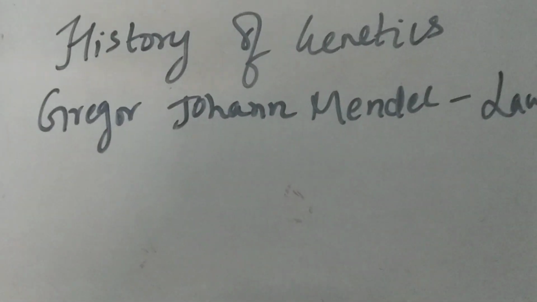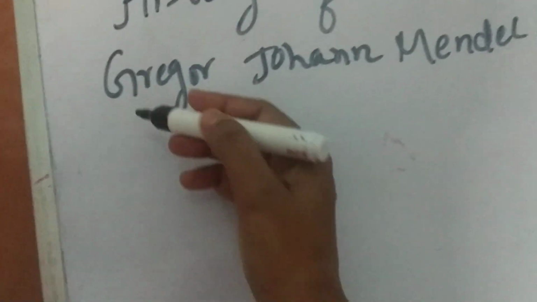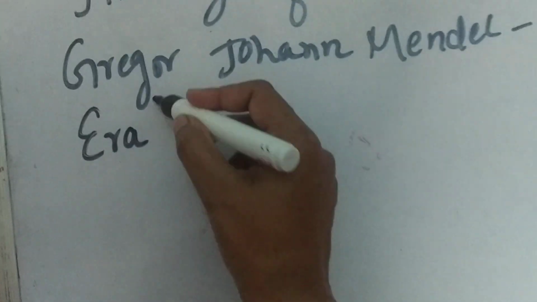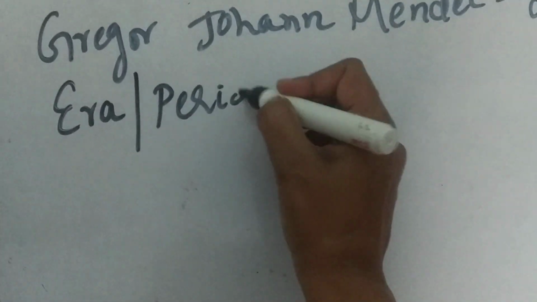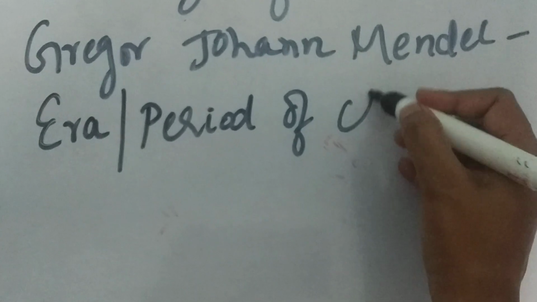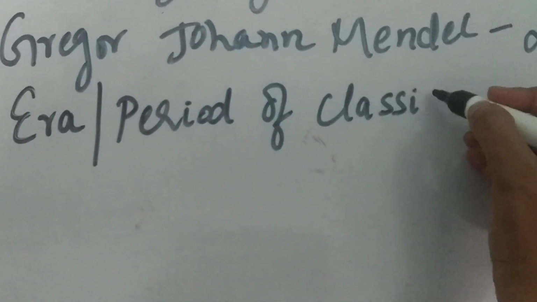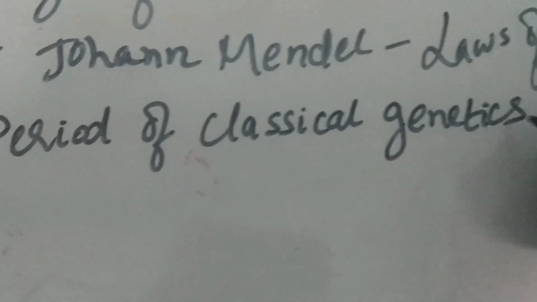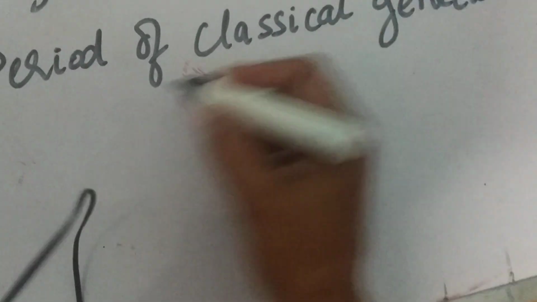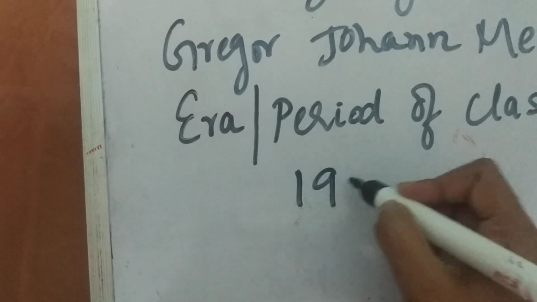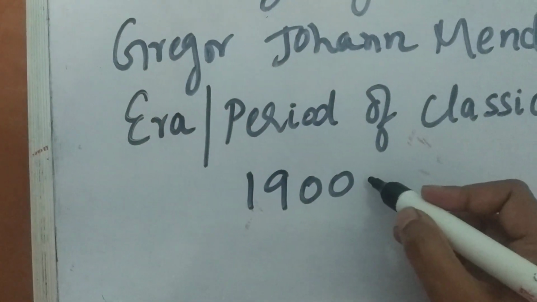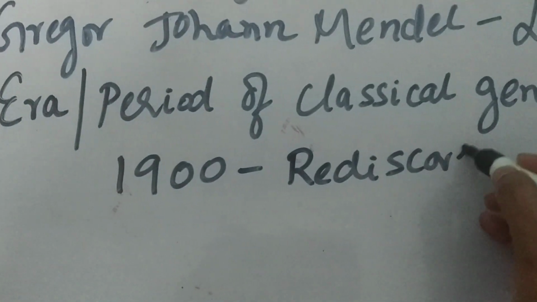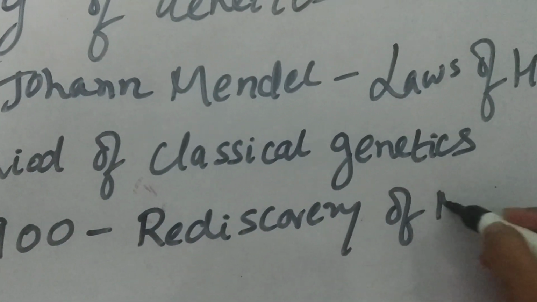This is what we call the era, or the period, of classical genetics, especially when his work was rediscovered in the year 1900.